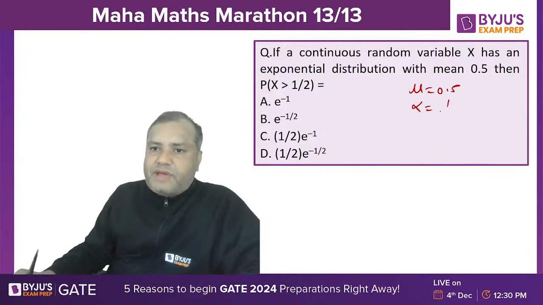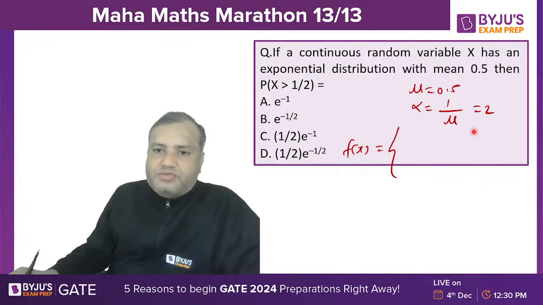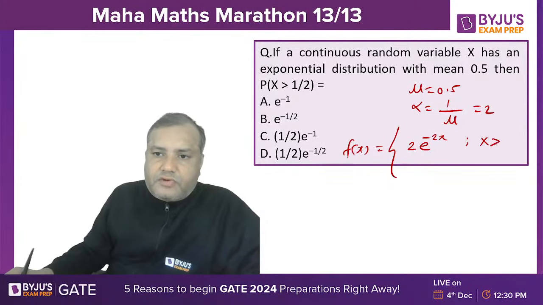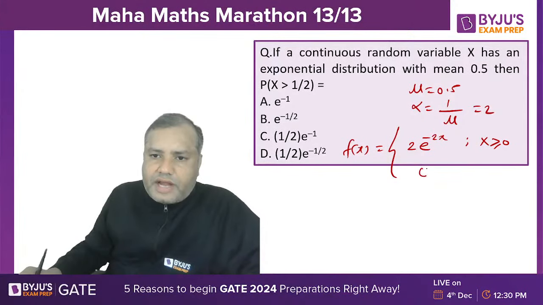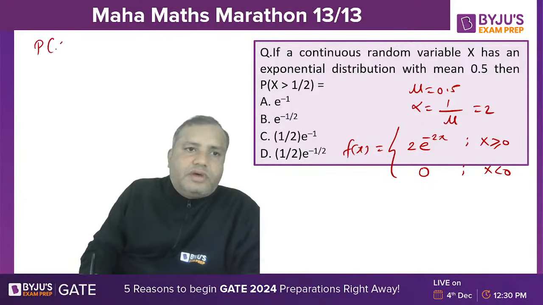So alpha will be 1 by mu, that is 2. So f of x will be alpha e raised to minus alpha x, that is 2 e raised to minus 2x for x greater than equal to 0 and 0 for x less than 0. And what we want is probability for x greater than 1 by 2.